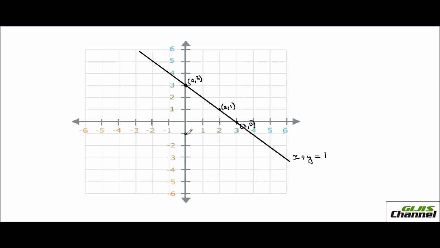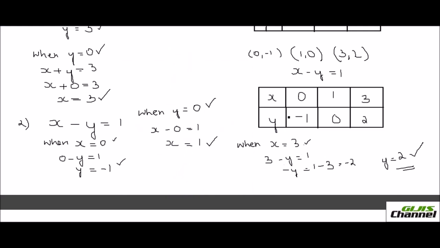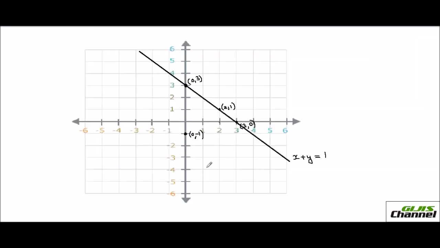Yeah, the first one is x is 0 and y is negative 1. Let's plot that. So that would be here. Let me write the ordered pair there immediately. So that would be (0, negative 1). Okay. And the next number is (1, 0). Let's plot that too. So it is here, right? Your x is 1 and your y is 0.